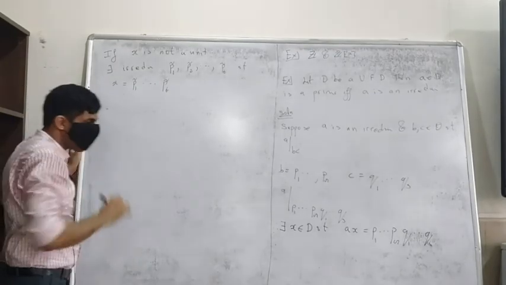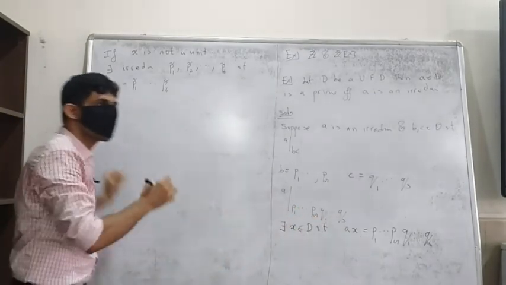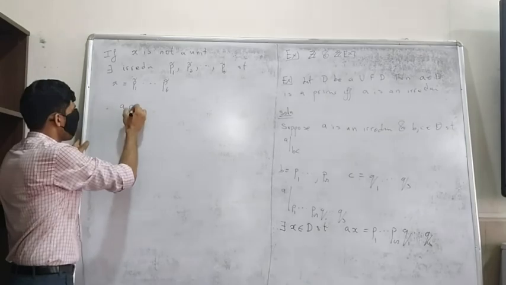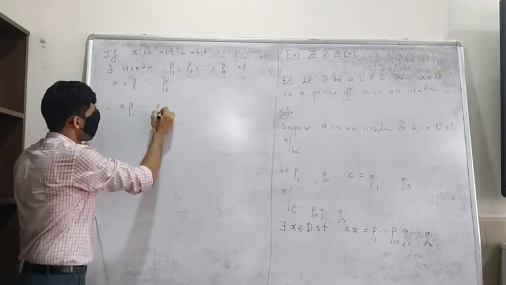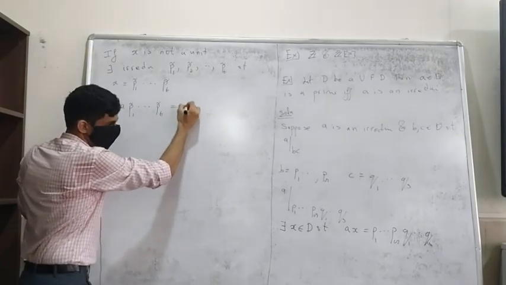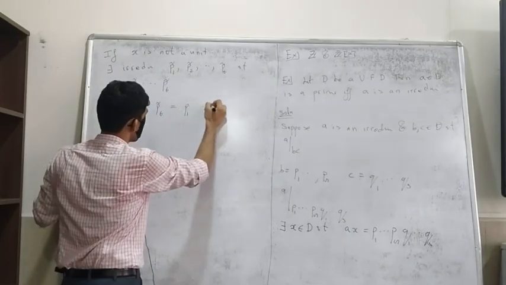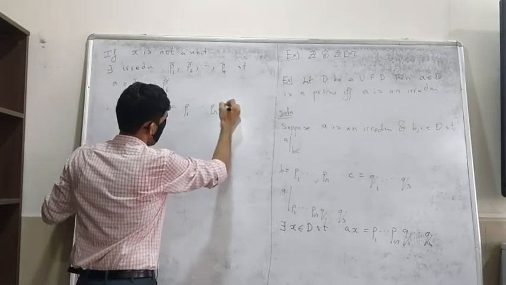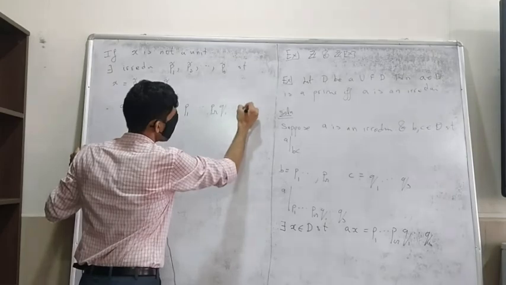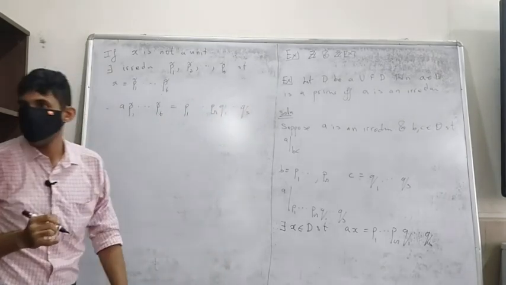Therefore, what you have substituted there, you get A times P1 tilde up to Pt tilde equals P1, P2 up to Pr and Q1, Q2 up to Qs.